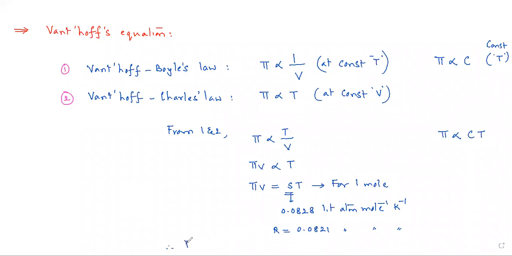When we take n moles, it can be given as pi V is equal to nRT, right? On the other hand, this can be modified as pi is equal to CRT in terms of concentration. So these are the two very important relations: pi V is equal to nRT, pi is equal to CRT.